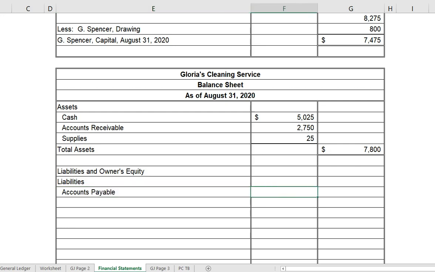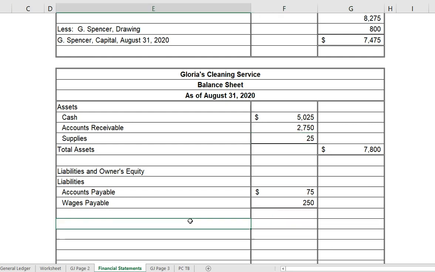Once again, that's going to go into our subtotal, and that's $75. I need a dollar sign, so I'm going to borrow that format. Next is wages payable, and that's $250. That's the only two liabilities, so we're going to add them together, and we get total liabilities.